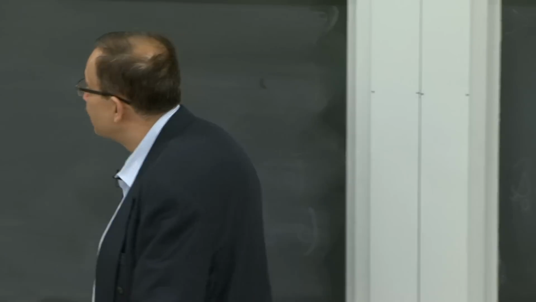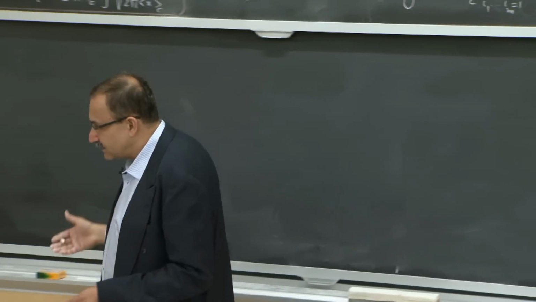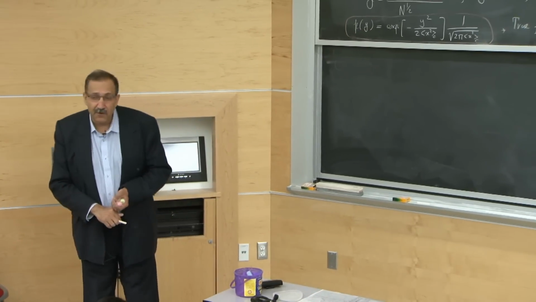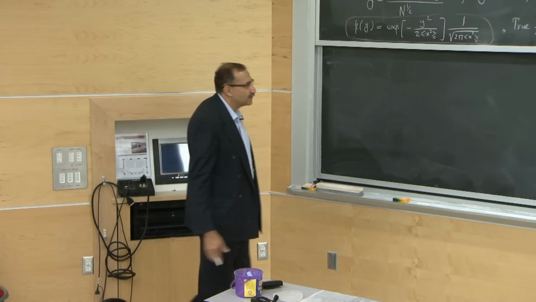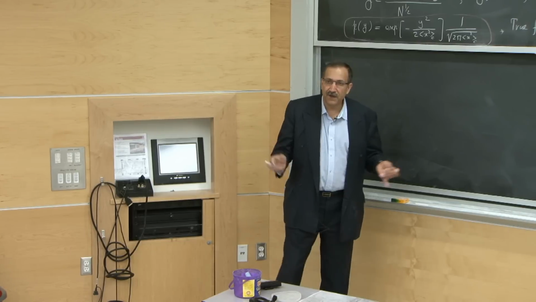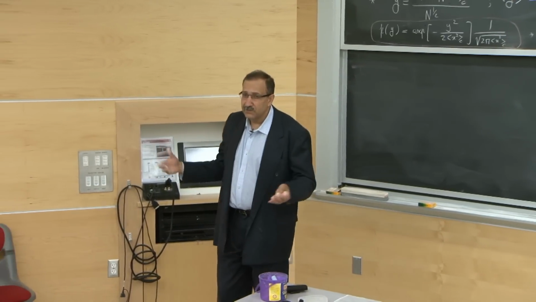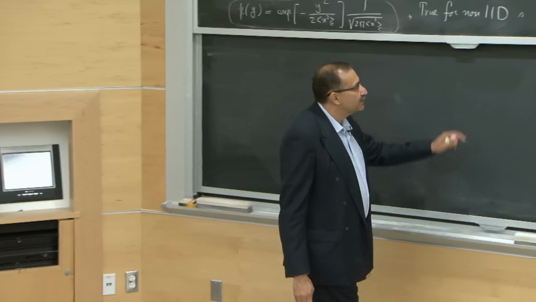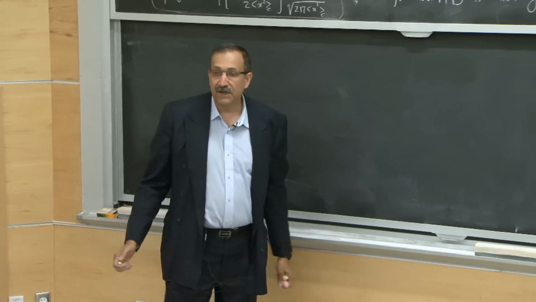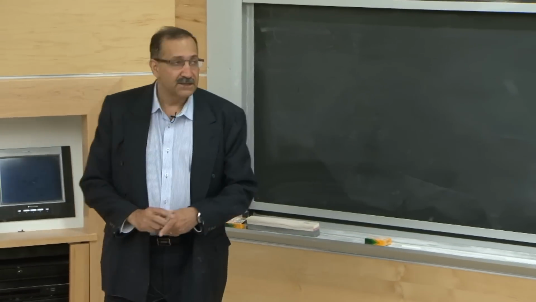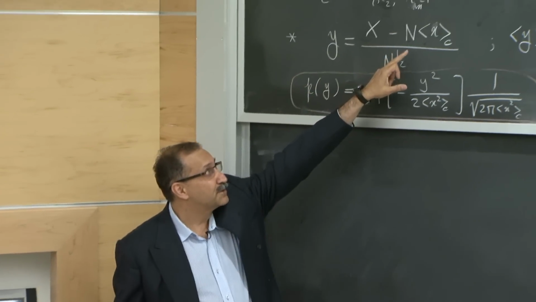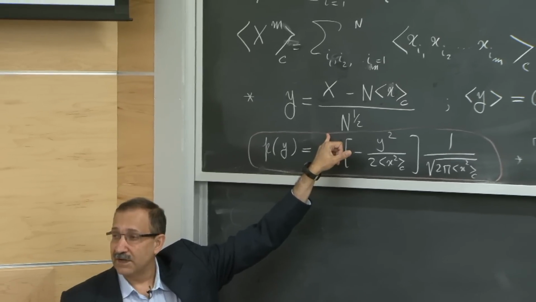Okay. So again, we will see that essentially in statistical physics, we will always have to deal with some analog of this n, like the number of molecules of gas in this room, that enables us to use something like this. In this case, I chose to subtract the mean and divide by n to the 1/2.